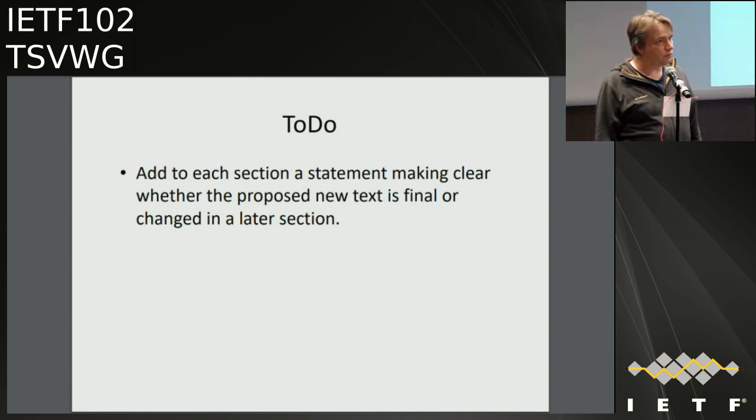So what happens is there is text which is touched multiple times. So the suggestion was to add for each section a sentence saying the text changes here are final, they are not changed in sections following this one, or this text is changed again in this section. That's not in it right now, so that will be added for the next revision, and then the document is with Spencer. Thank you ever so much.